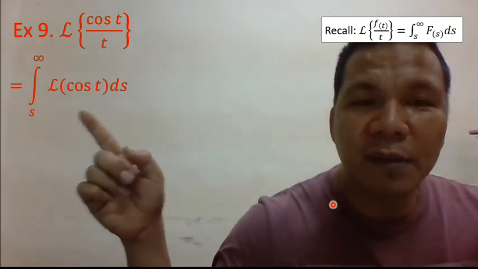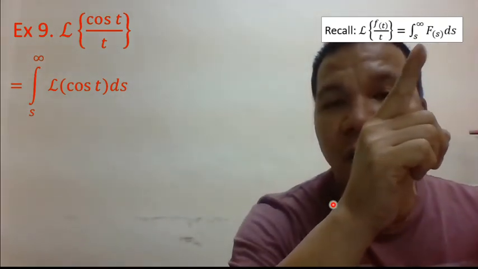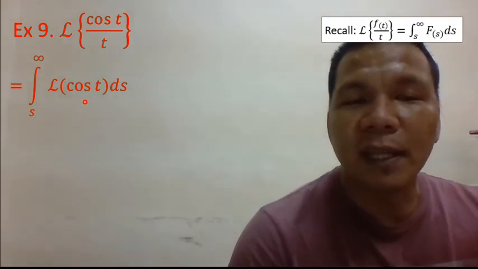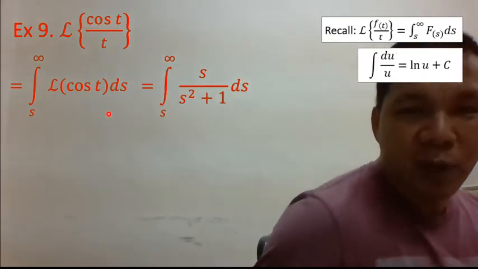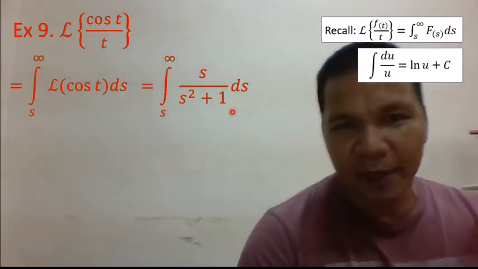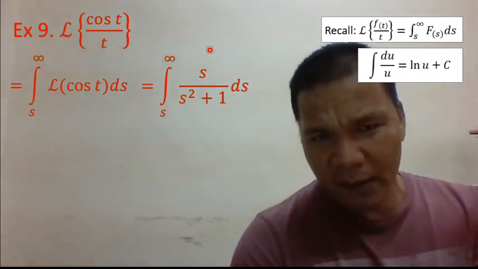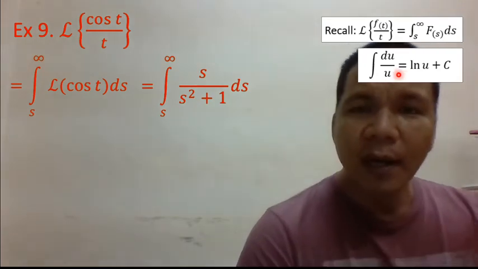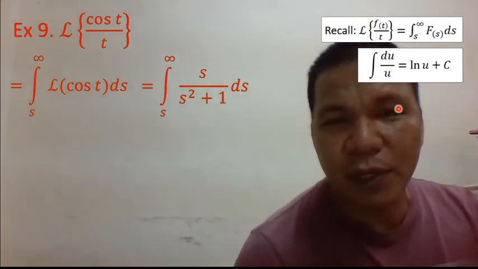Take note, the Laplace transform of your cosine t is actually your function of s, and that is equal to s all over s squared plus 1. Also recall that this integral follows this form, that is the integral of du over u.